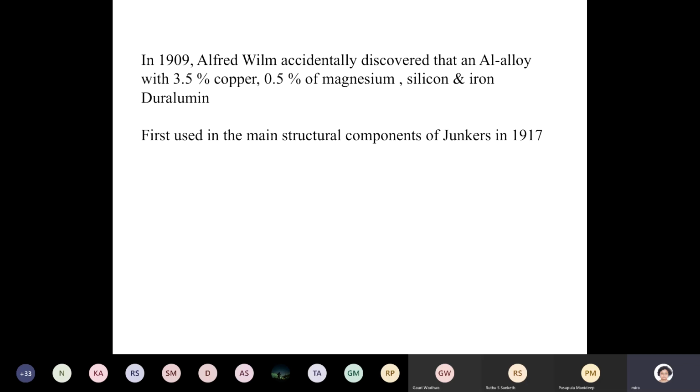Though aluminium is widely available, it was very costly to extract and process from the raw aluminium that was available.